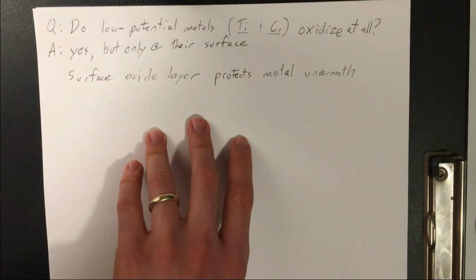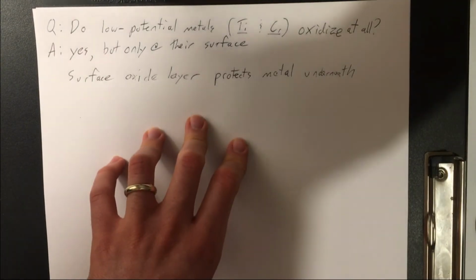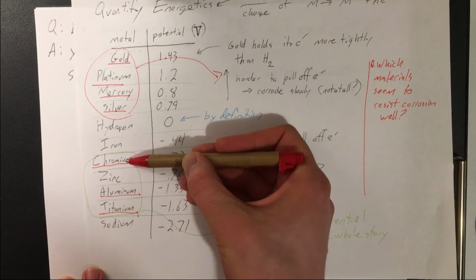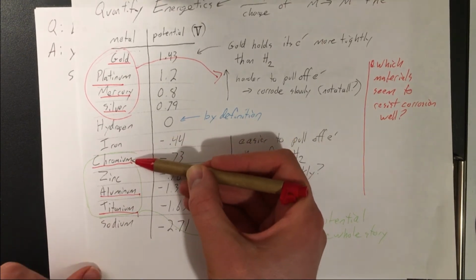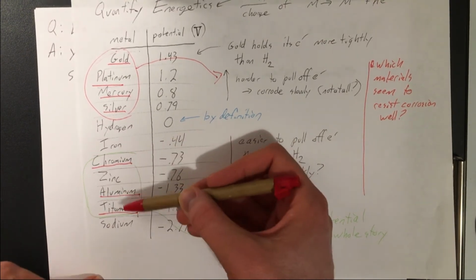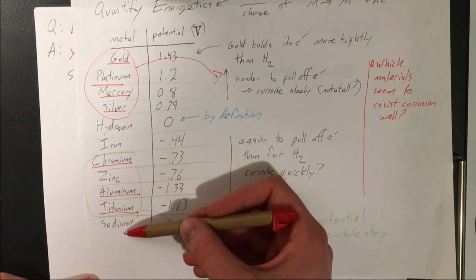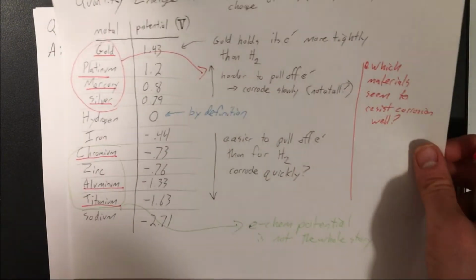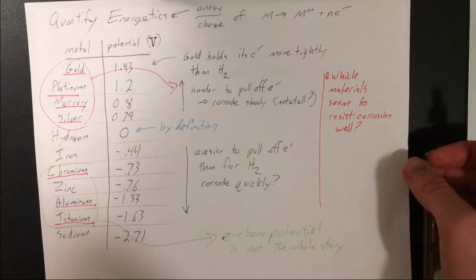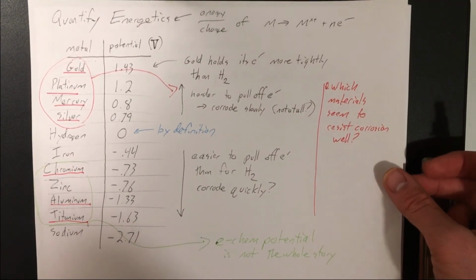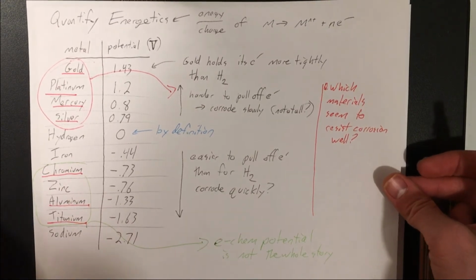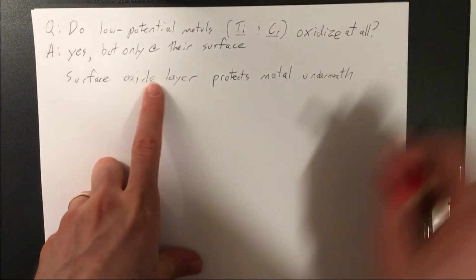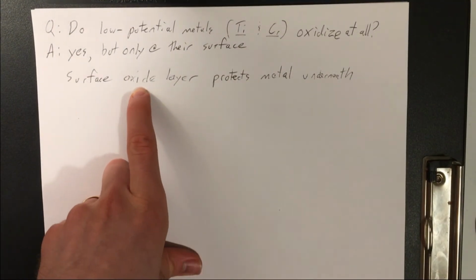Now, there didn't seem to be too much of a trend, right? Chromium exhibits this protective surface layer behavior, but zinc doesn't, but aluminum and titanium do, but sodium doesn't. So, that's not very satisfying from an engineering perspective, right? As engineers, we want to be able to model these things, predict these things. We want to come up with rules about what sorts of things will exhibit protective oxide layers and which ones won't.